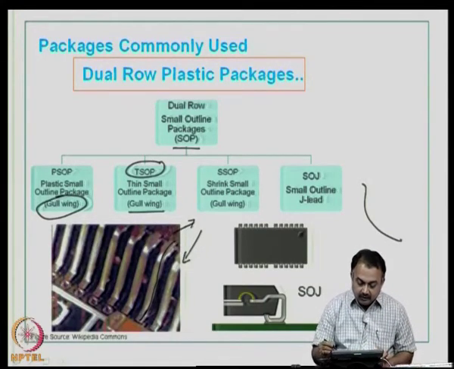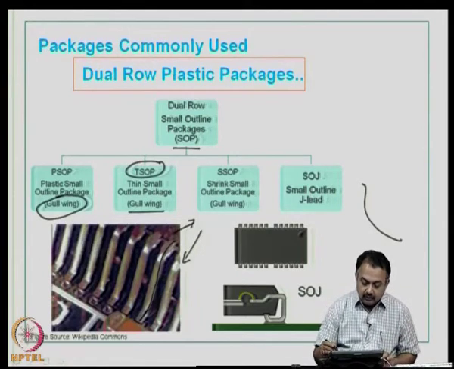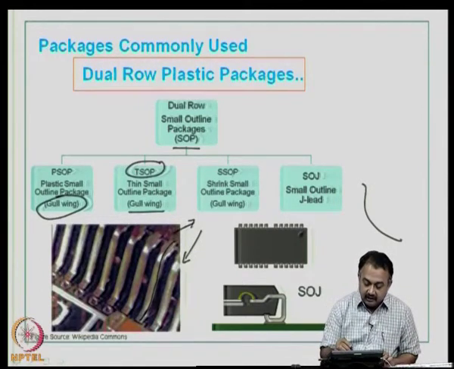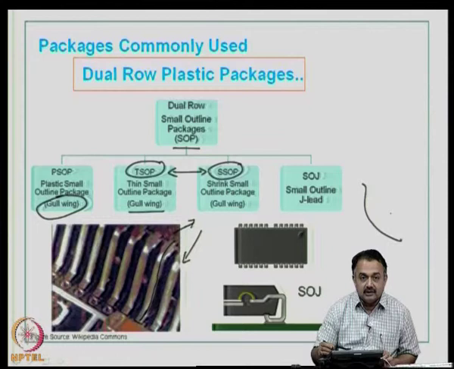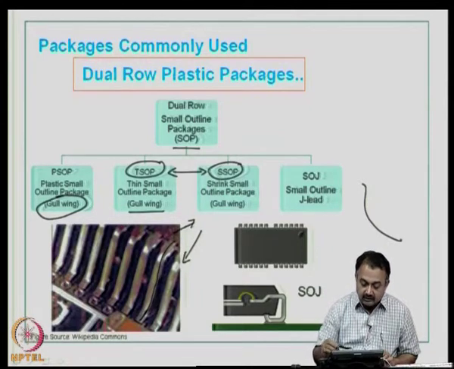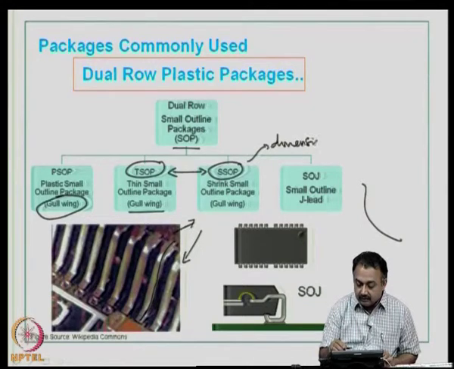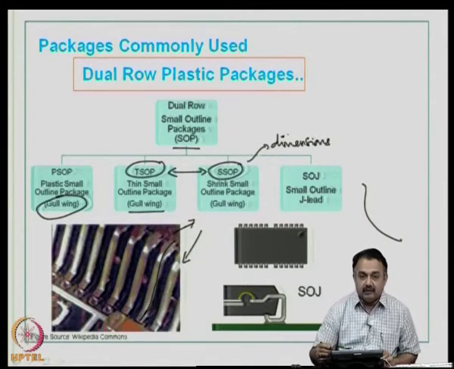Then you have a shrink small outline package. So, you have to really look at the data sheet in order to see what is the basic difference between a thin small outline package and a shrink small outline package in terms of the dimensions or the thickness specific to the manufacturer.